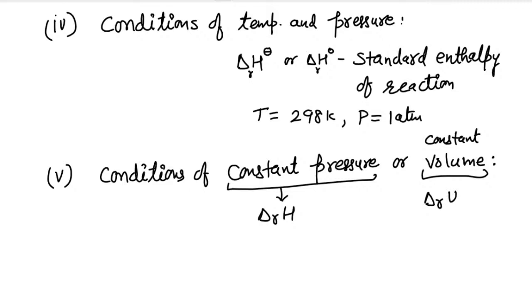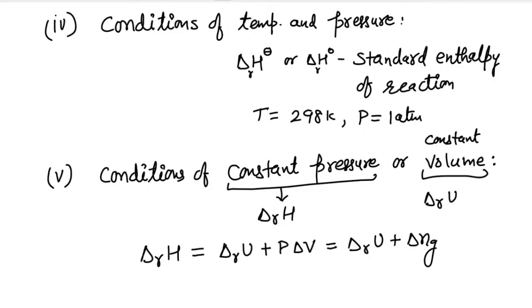Okay. And what is the relation between change in enthalpy and change in internal energy? Change in enthalpy is equal to change in internal energy plus P delta V, or delta Ng RT.